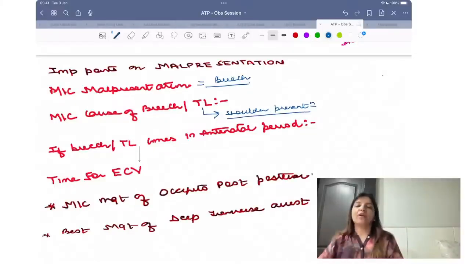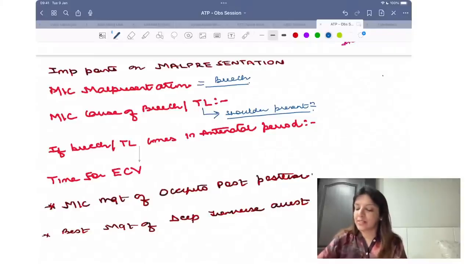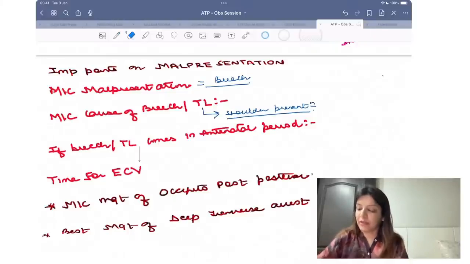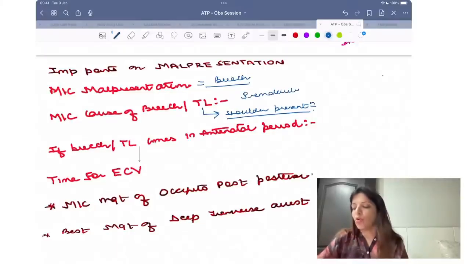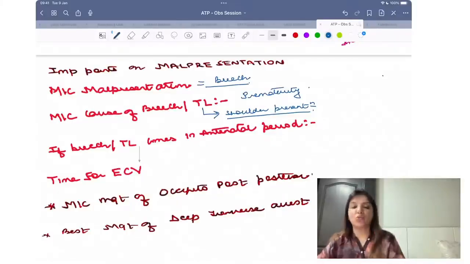Right? So, if they ask you what is the most common cause of breech or what is the most common cause of transverse lie, what is your answer? Answer is preterm delivery or prematurity. See, all the babies automatically rotate between 32 to 34 weeks.